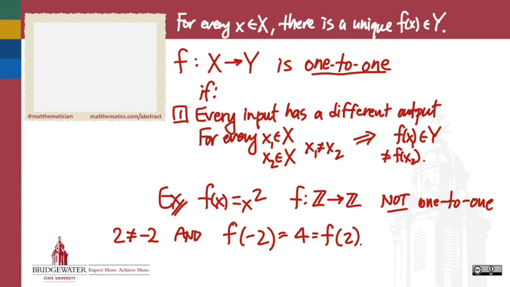But the statement I wrote up here at the top of the screen in white, when we're using the word unique, what does unique mean in mathematics? There's only one, right? So the statement at the top is saying for every value of x in the domain, there is one output value f of x in the codomain. Does f of x equals x squared satisfy that assertion?